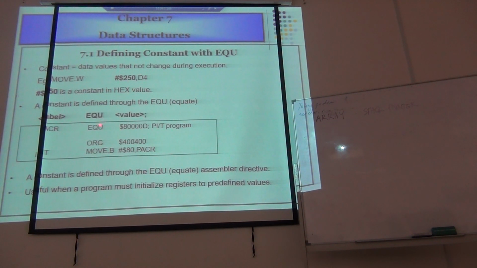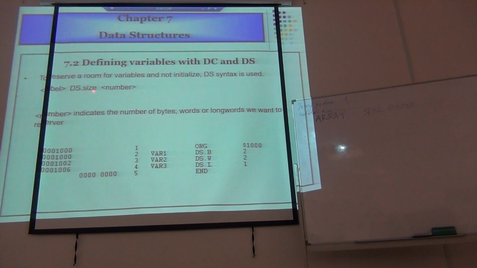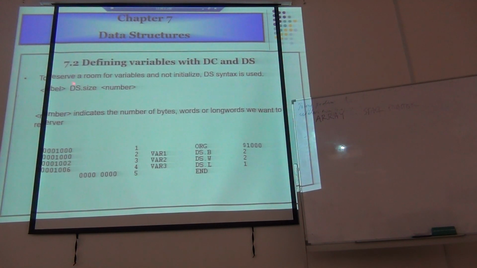The second one is define constant, which is very familiar. And the last one is define storage, which is just to empty the slots of the memory location. These three are not related to the array, but are syntax that you may need to know when you are doing your project.